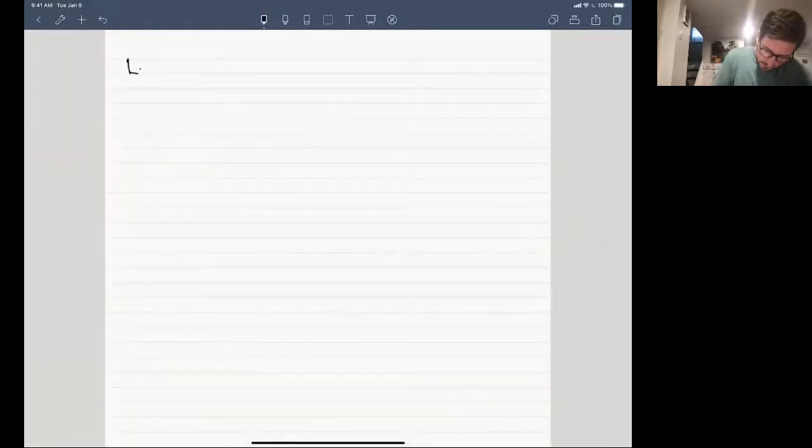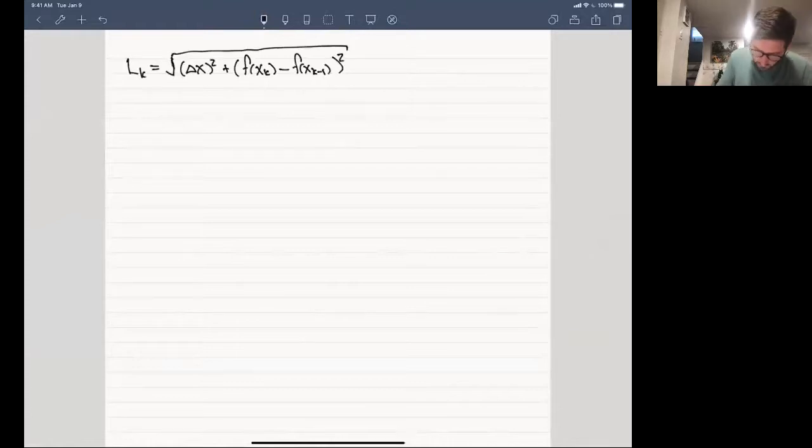We have said that L_k is equal to the square root of delta x squared plus the change in y squared. So let me put that square root over the whole thing.